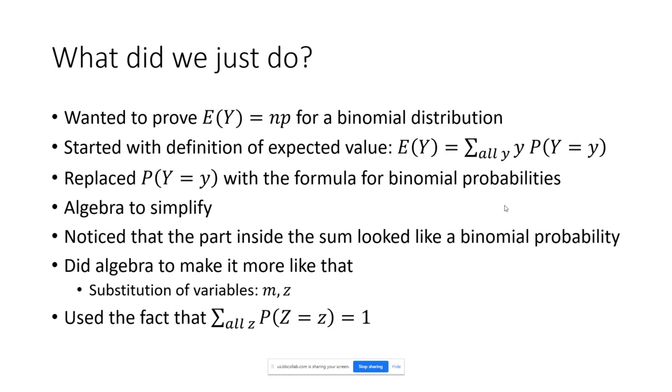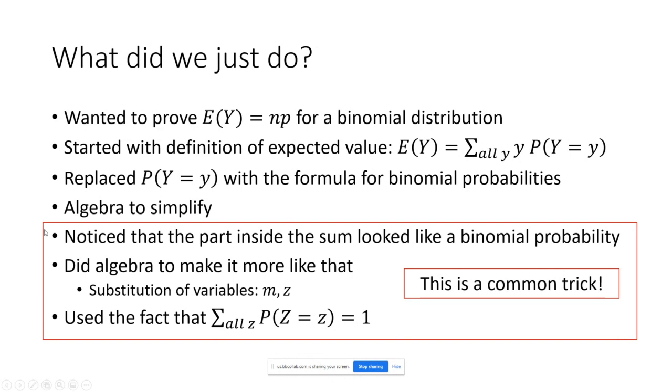And the whole point of that was to try to get it into this format where we could use the fact that if we take the sum of probabilities over all possible values of a random variable, that sum equals 1. So that let us simplify our formula a whole lot and get rid of the whole part with the sigma, so that we were just left with n times p times 1.